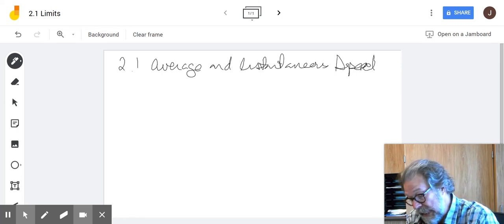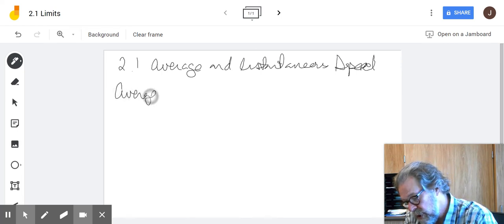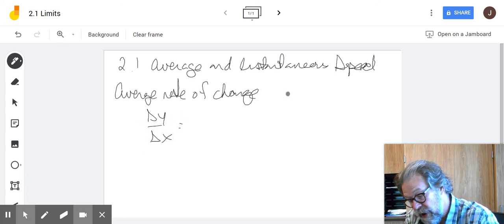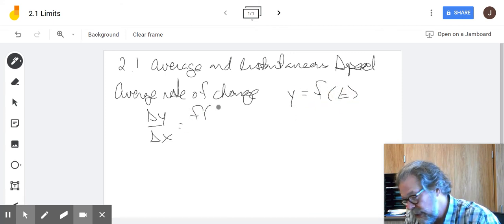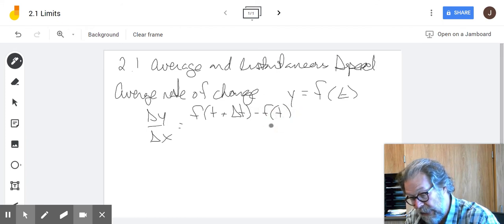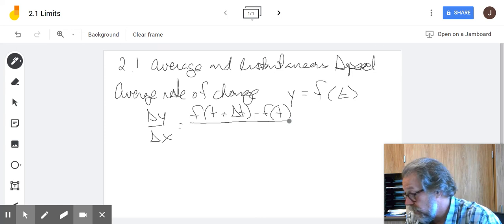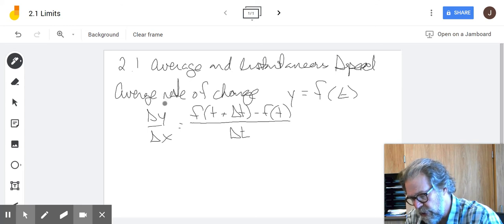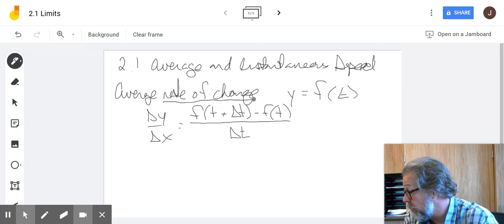So let's start with the idea of average rate of change. We know that an average rate of change is just the change in y over the change in x. And in this case, if we've got some function y equals a function of time, we could say that the function value at time t plus some small increment, minus the value at wherever we started, divided by the change in time, gives us our average rate of change, also known as average speed, depending on the problem.